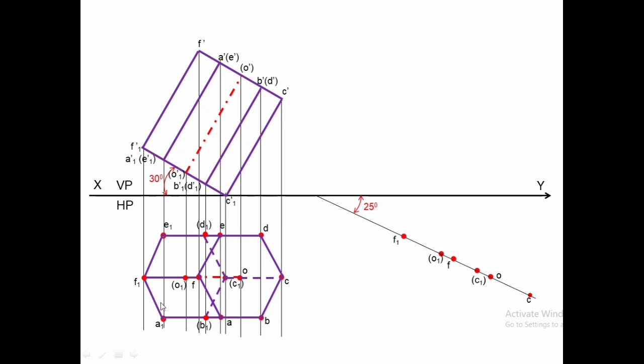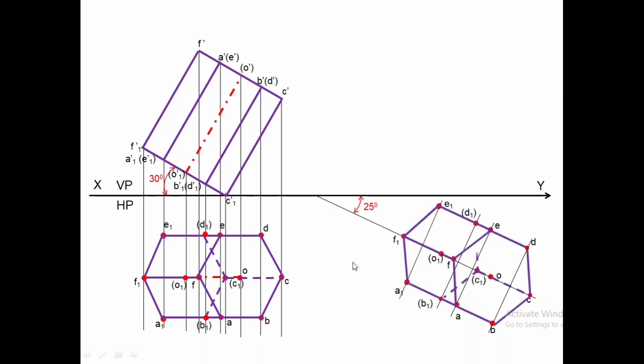Then draw these lines perpendicular to the axis like A1E, B1D1, AE, BD, like this. All these lines have been redrawn. Join them. Yes. Now we have constructed or redrawn the second view, what you observed in the top.